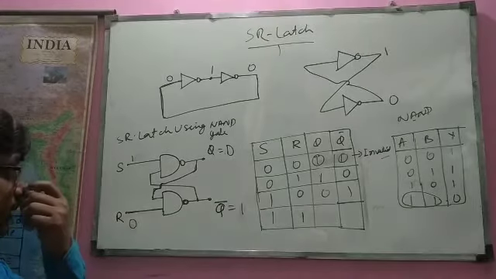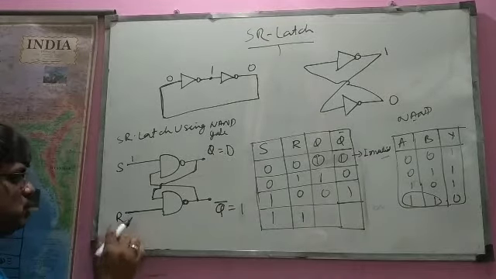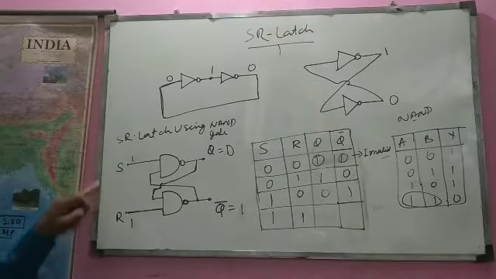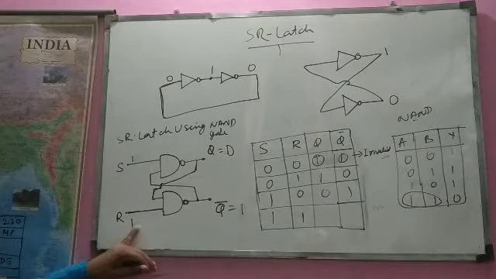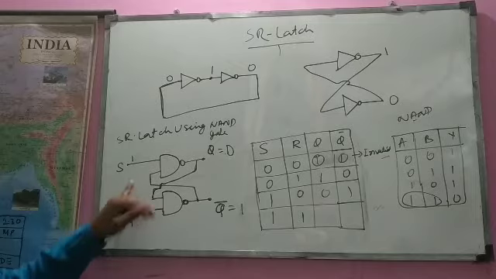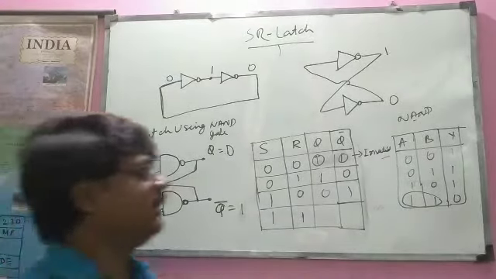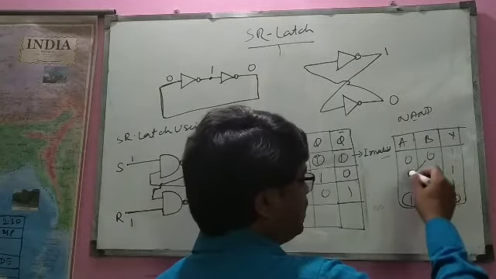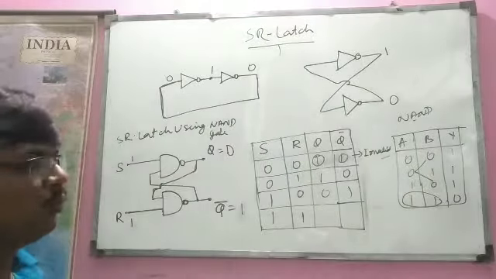And see one interesting case. What will happen when these two inputs are 1? Since this is not the enable input. In a NAND gate, 0 is the enable input, meaning if 0 is there, its output will be 1.